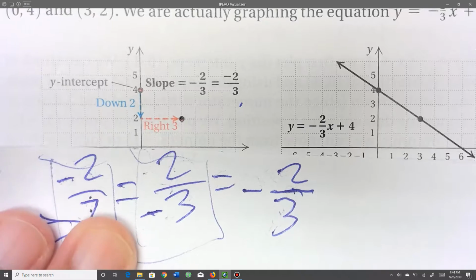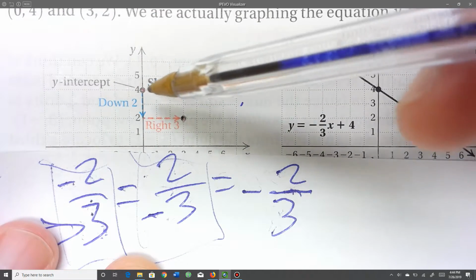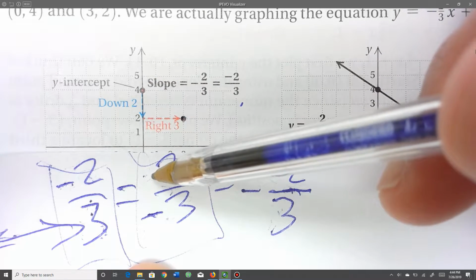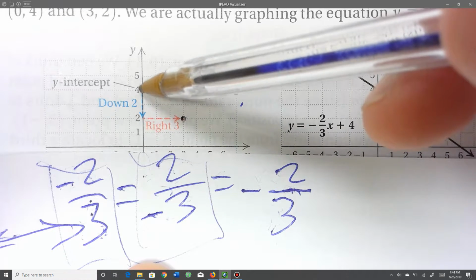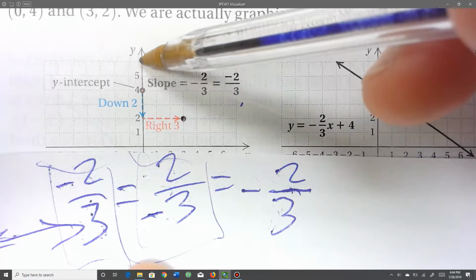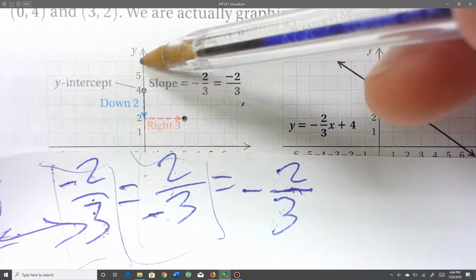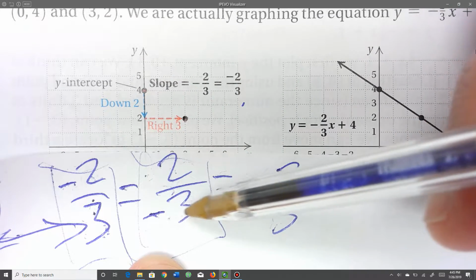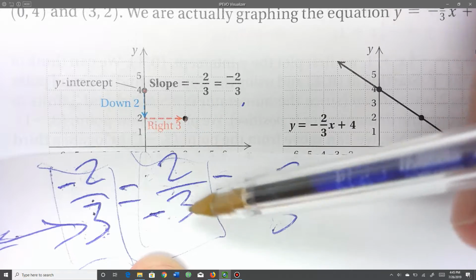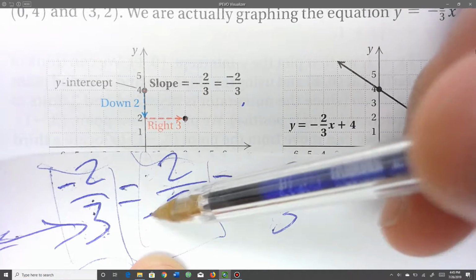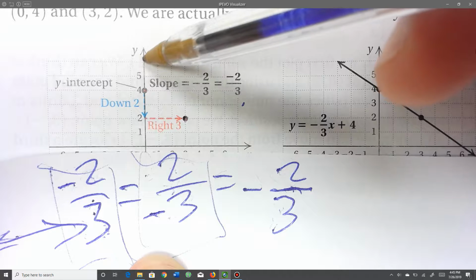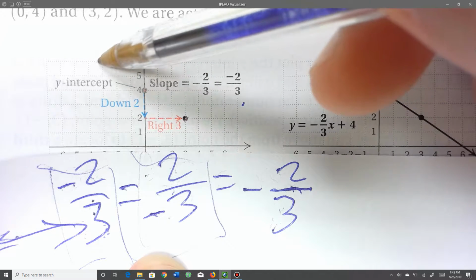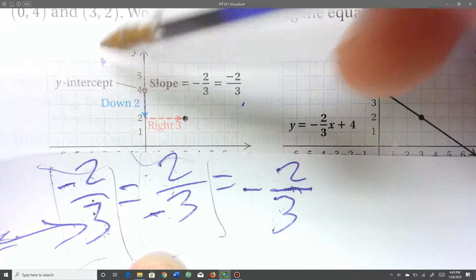Let me go back to the point I plotted first, which is that one. From there, my rise is now positive: +2, 1, 2. Do not plot anything yet. For my run, I'm either moving to the left or to the right, and since it is negative, I need to move to the left. I was here, my run is negative: 1, 2, 3.